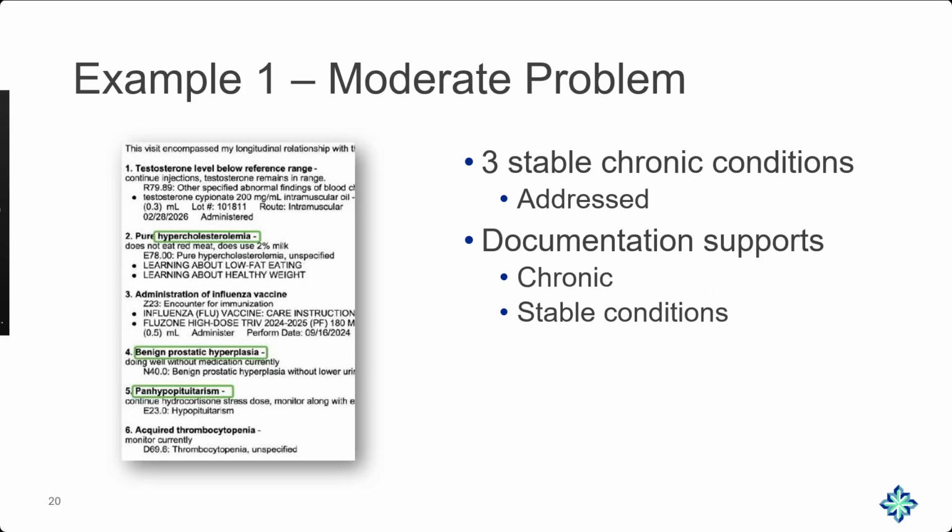That documentation is supporting that those 3 are chronic. They were in for a follow-up, and they're stable. They're just checking in, but there's 3 chronic conditions, so it does classify as that. This is actually an example of a review that came in, and the documentation did indeed support the level of service and the code that was billed.